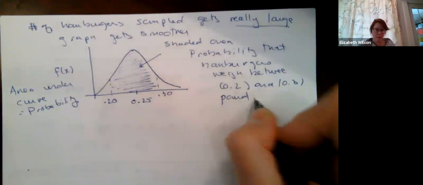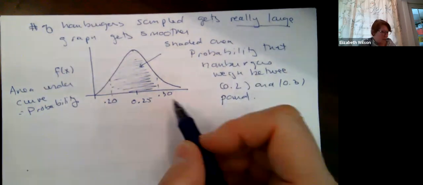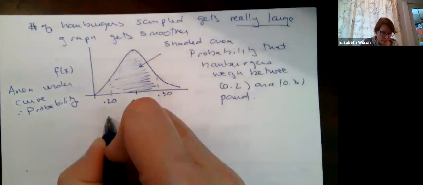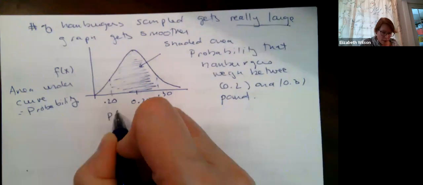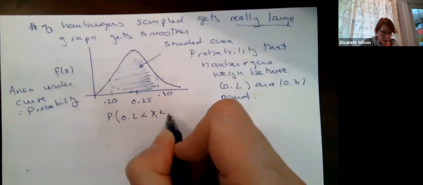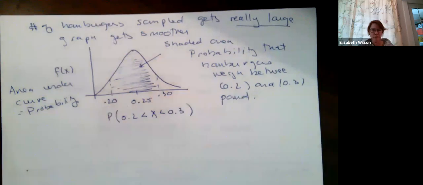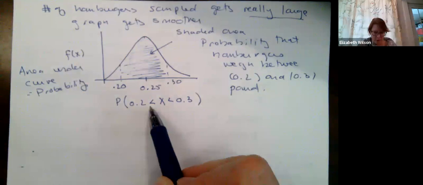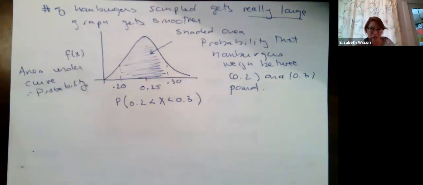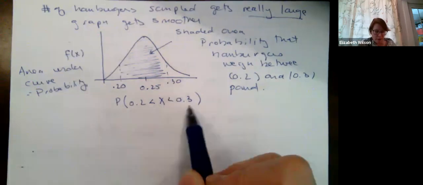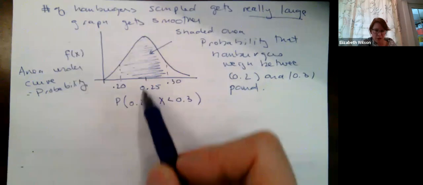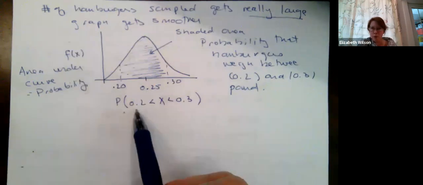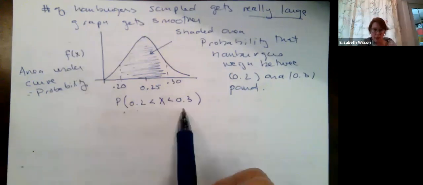So we would actually write this out in math: the probability that 0.2 is less than x, which is less than 0.3. Now, quite frankly, it doesn't matter if I include the equals, less than or equal to, at this point, because we're going to be integrating, and these form the bounds of my integration on my x-axis. So this shaded region, we call our probability that x is between 0.2 and 0.3 of a pound, that's our unit.